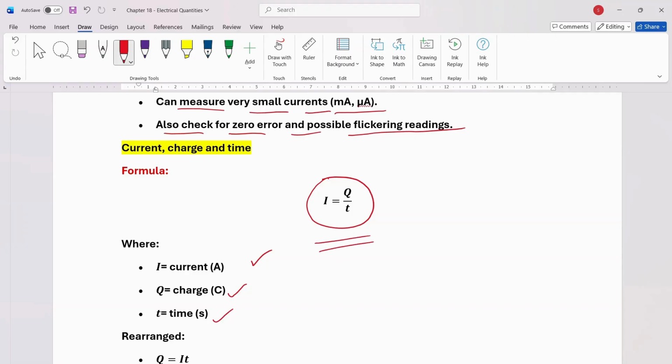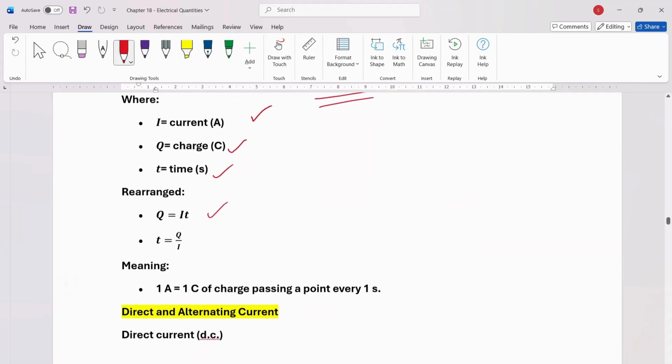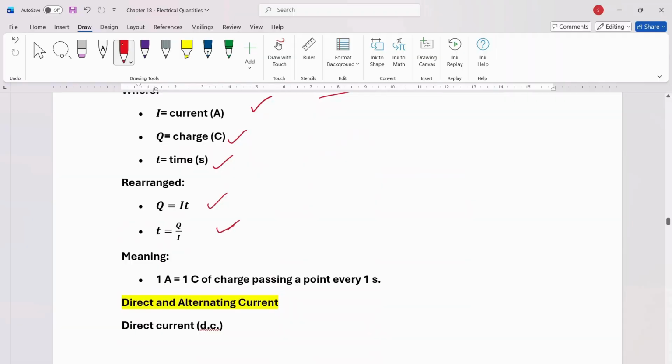We can rearrange the equation as Q equals I T, or if we need to calculate T, then T equals Q over I. This means 1 ampere is 1 coulomb of charge passing a point every 1 second.